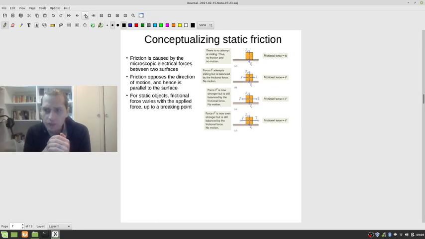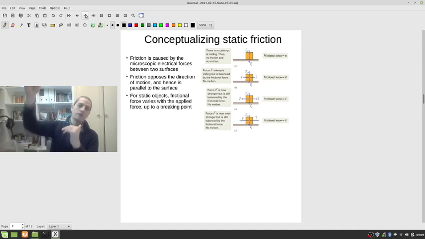Now, the thing that's a little bit confusing is that I'm going to give you an equation to model static friction, but that equation doesn't give you the value of the static friction. It gives you a maximum value of the static friction.